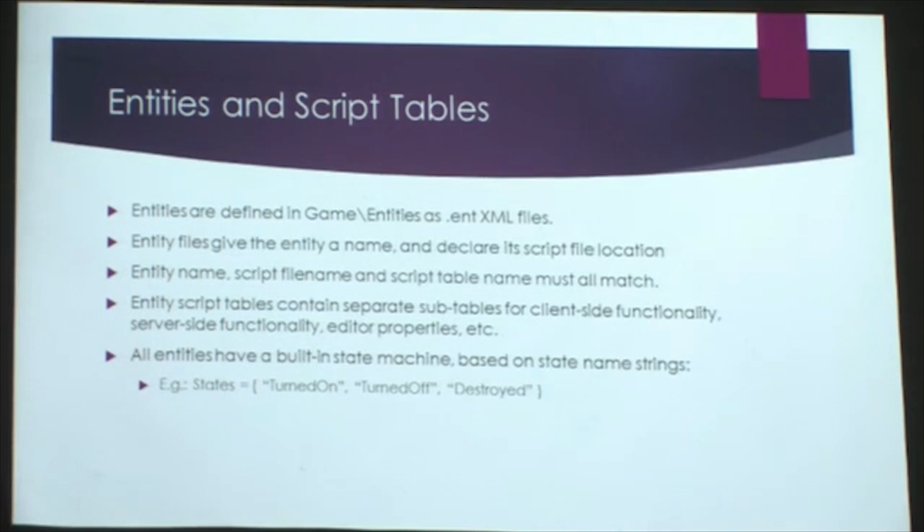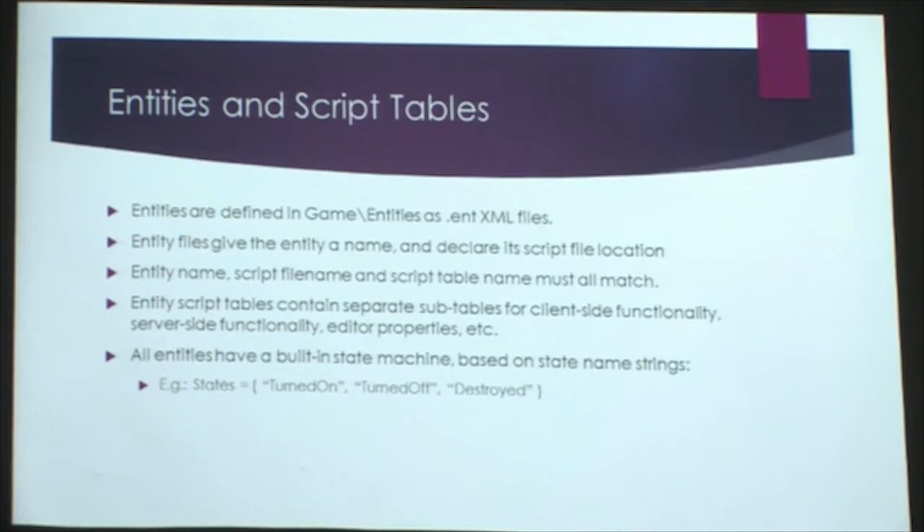So you do all of your necessary logic in the server-side functions, and things like showing impulses on the object for maybe a fan breaking go on the client side. It also contains properties that you can modify in the editor, as well as properties that are read just by the editor, for example, for showing an icon on top of your model whenever it's placed, so it's easier to pick out in the scene.